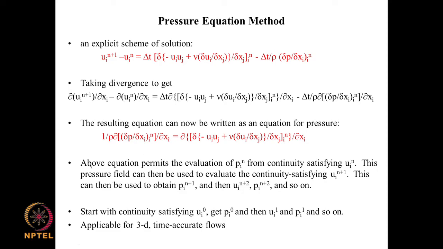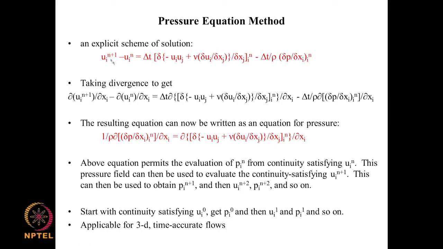So these equations permit evaluation of P_i^n from continuity satisfying u_i^n. So this pressure field can be used to evaluate continuity satisfying u_i^(n+1) here. So this can then be used to obtain P_i^(n+1).